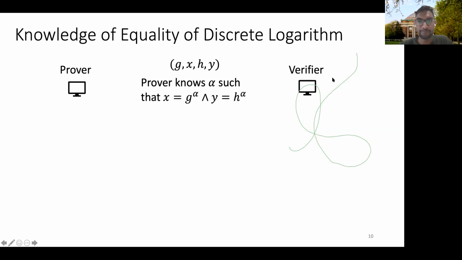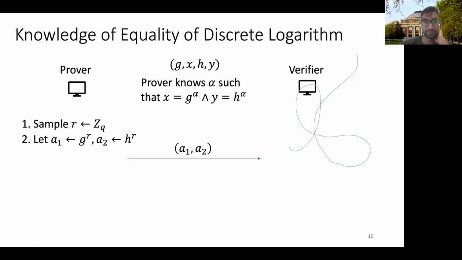And the prover wants to convince the verifier in zero knowledge that the prover knows some alpha such that X is G raised to the alpha and Y is H raised to the alpha. The prover wants to hide alpha, so that's why it uses a zero knowledge protocol, but even then wants to convince the verifier that the prover knows such alpha. It is important that we focus on the fact that the prover knows. This is very crucial for the security of the protocol.